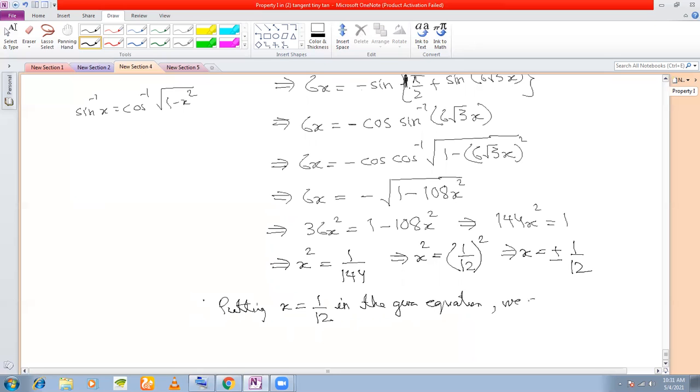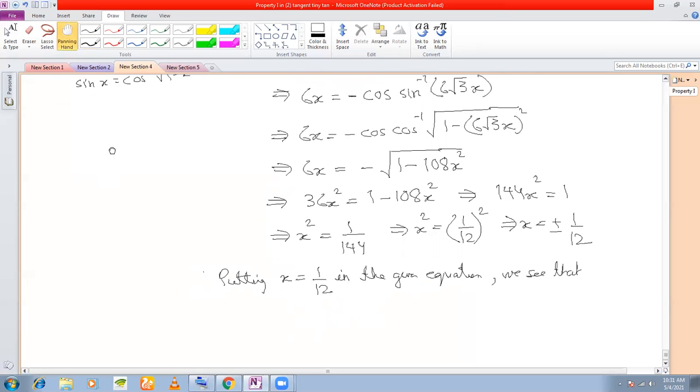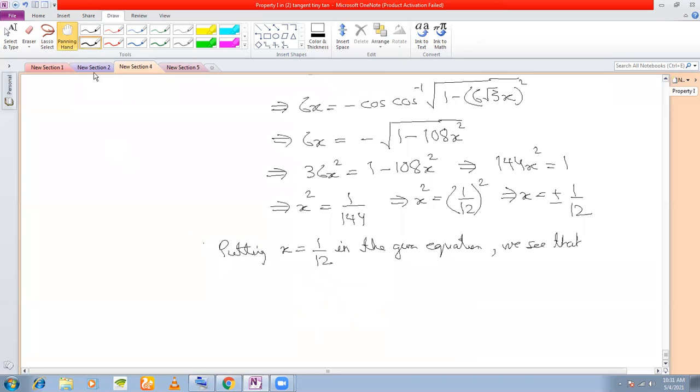You see that, what is the left hand side? Left hand side is sin inverse 6x plus sin inverse 6 root 3x. Put here x is equal to 1 by 12.